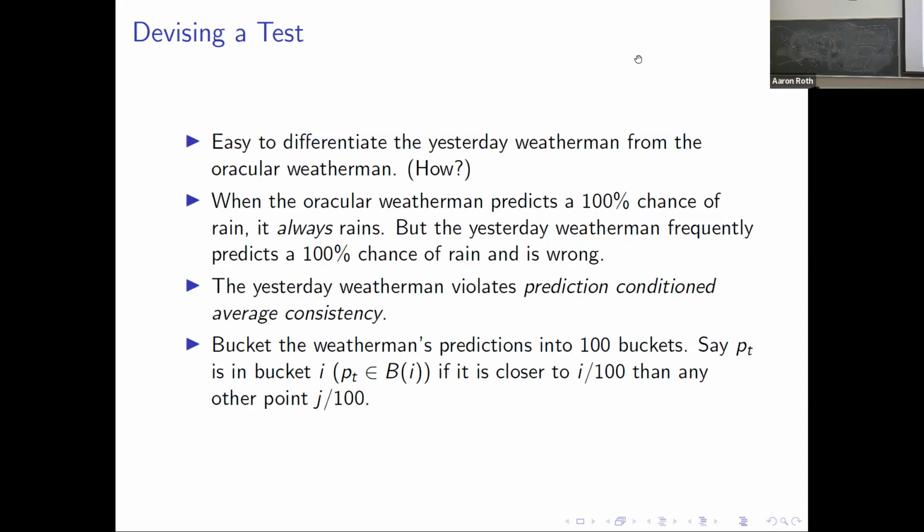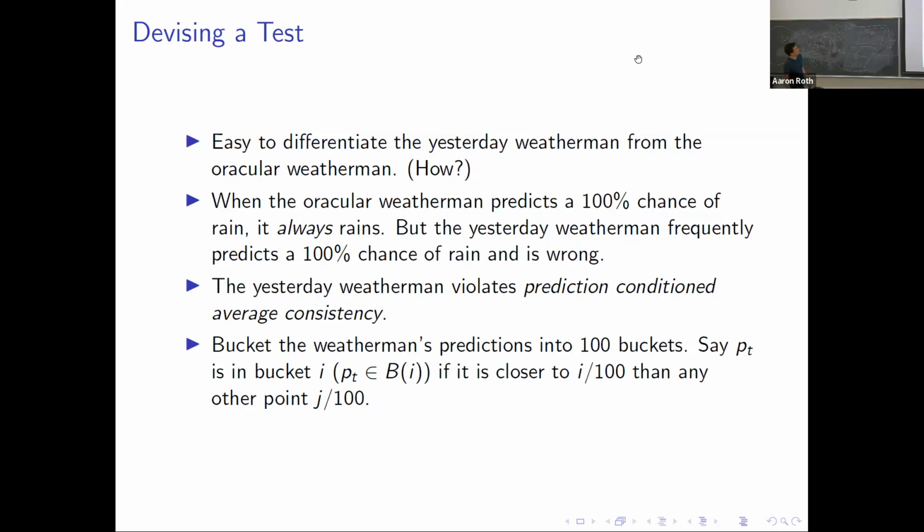He would do quite well if there were many days on which there was a 90% chance of rain. But he wouldn't do very well if there was only one day with a 90% chance of rain, because maybe it didn't rain on that day. And so this test is only going to pass the oracular weatherman if we are more forgiving when a prediction has been made fewer times.